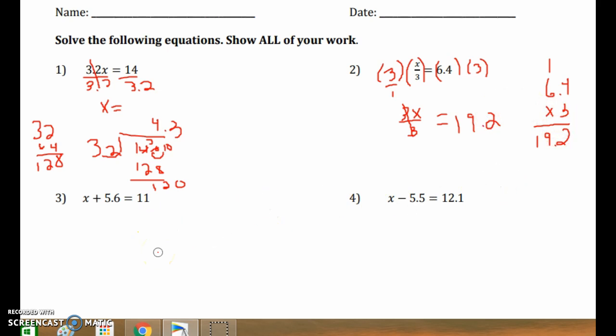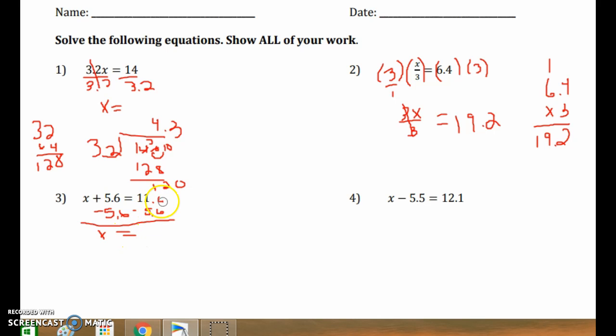Number 3, I'm adding 5.6 to x. So the opposite of addition, or the way to zero it out, is to subtract 5.6 on each side. When I subtract 5.6 from 11, that means I need to add a decimal in there for 11. So I can subtract.